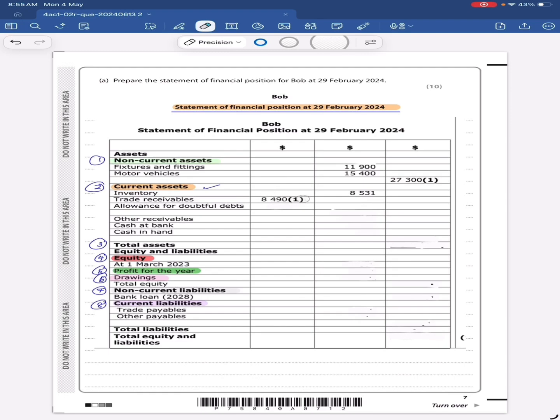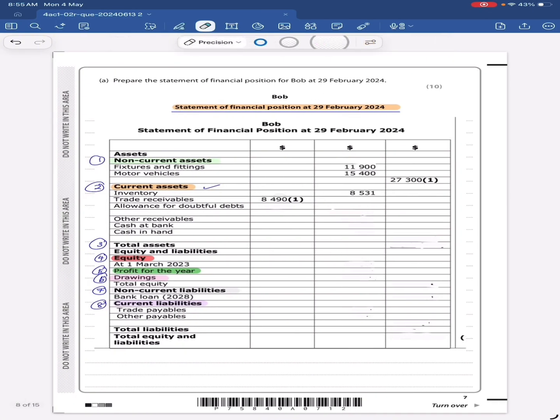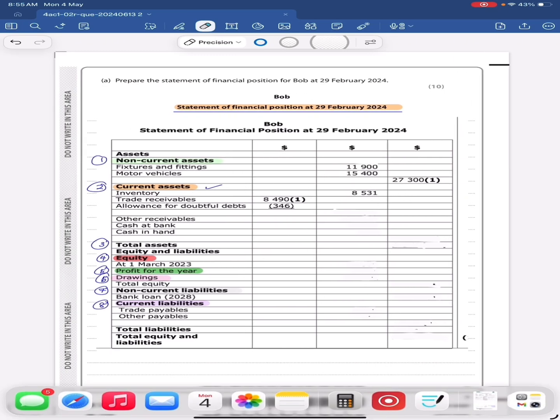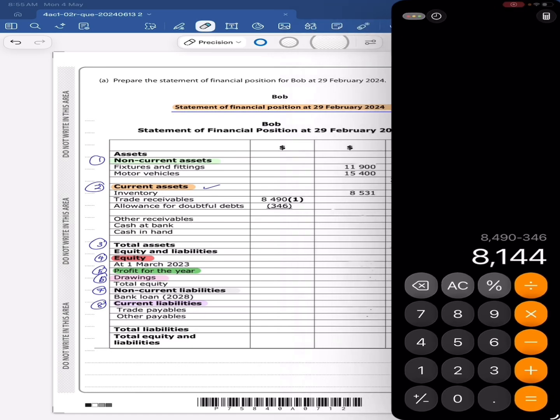And we are writing this in the first column, the reason being that there's provision for doubtful debts worth 346. Let's deduct that figure and then find out the difference between these two, which is 8490 take away 346, which should be 8144.